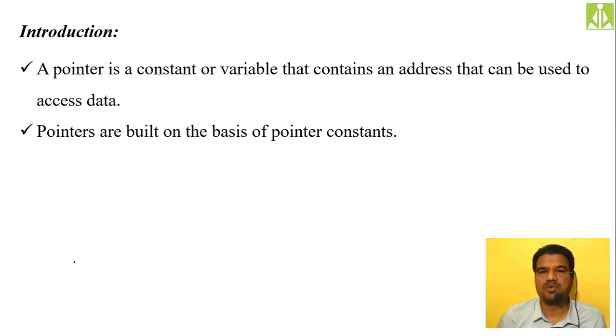So if a postman wants to go to a particular location, he will make use of that address. If a delivery guy wants to reach a particular house, how will he do that? With the help of the address only.